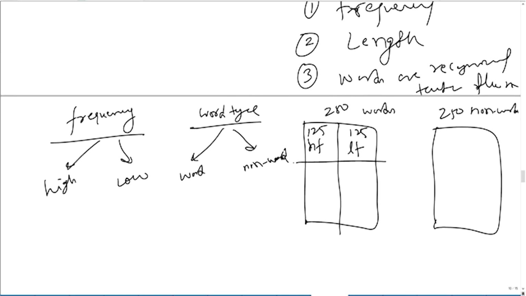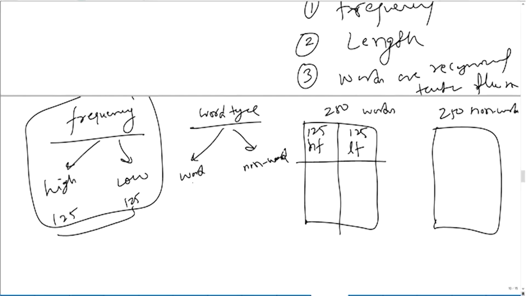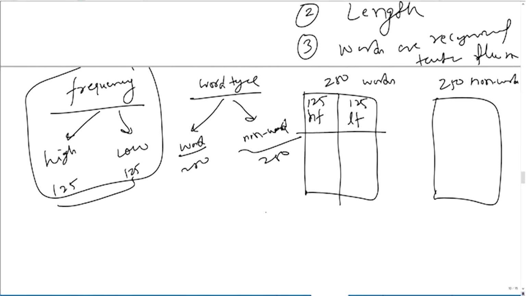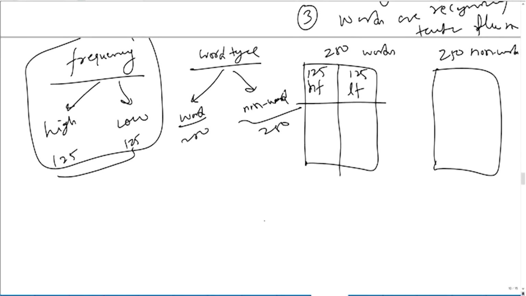You of course test the effect of frequency within words. So this is the design. You can test whether words are recognized faster than non-words and whether high frequency words are recognized faster than low frequency words. The numbers are like this: these are 125, these are 125, and that's what makes the total words 250, and the corresponding non-words are 250 as well. Okay, so this is fine.